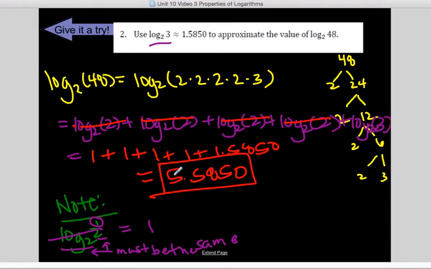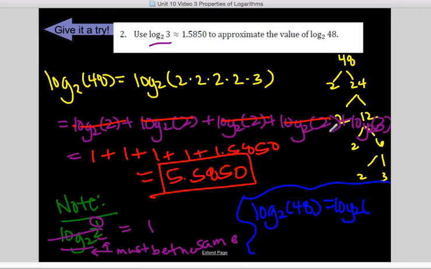Okay. I want to approach this one other way though, because there is a little bit quicker way to write this. I can really write log base 2 of 48 is equal to log base 2 of 2 to the 4th times 3, since there are 4 2's here, which would break down into log base 2 of 2 to the 4th plus log base 2 of 3.